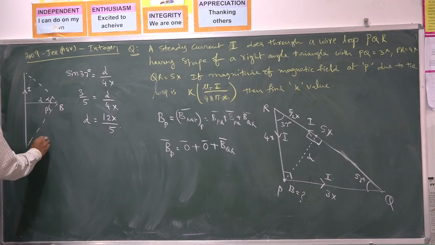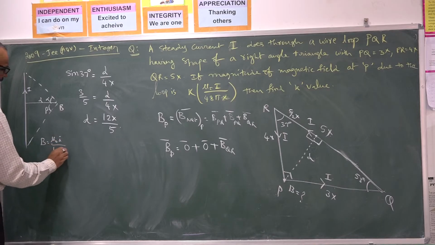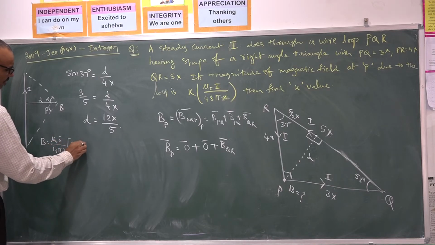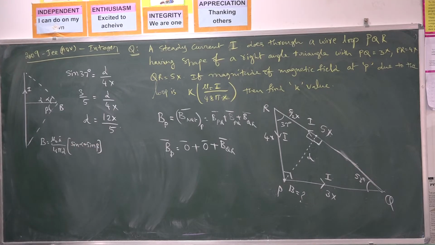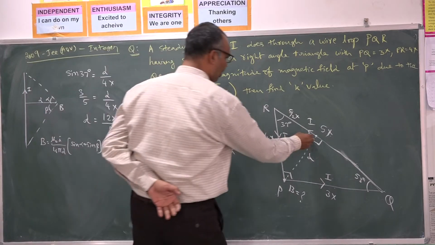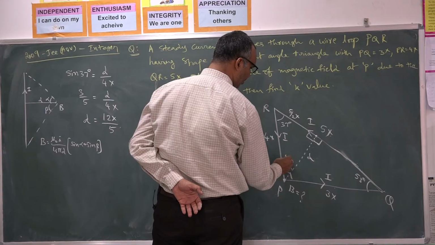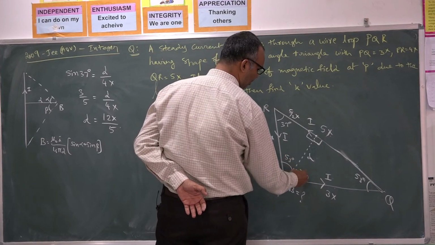The B value is given by mu naught I by 4 pi d into sin alpha plus sin beta. Here we require alpha and beta values. So alpha value, as it is 90, it is 37, it is 53, it is 37.